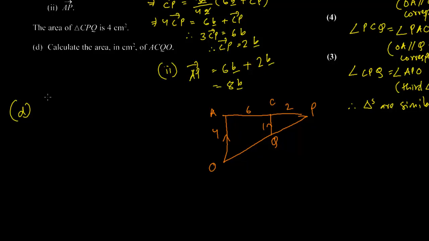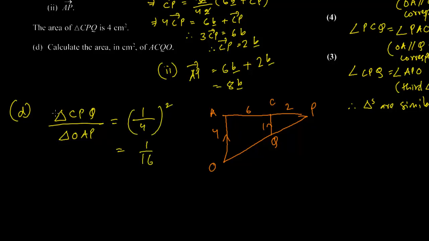When we find the areas, we can write area of triangle CPQ divided by the larger triangle OAP, that is going to be side 1 of this, which is 1, divided by side 1 of this, which is 4, whole squared. So that makes it 1 by 16. And we know that this triangle CPQ is 4 centimeters squared.